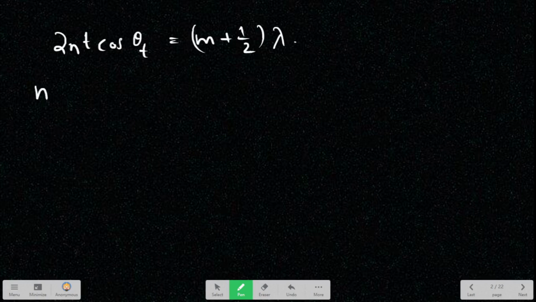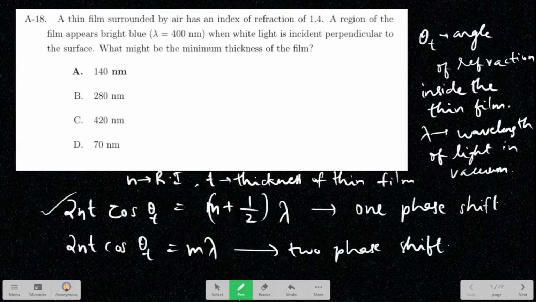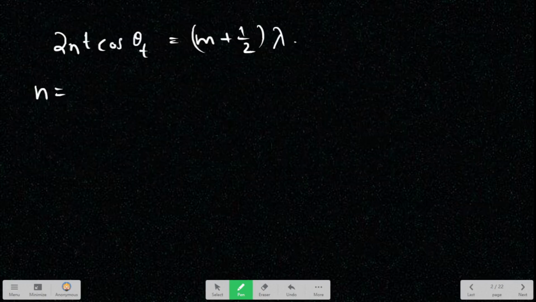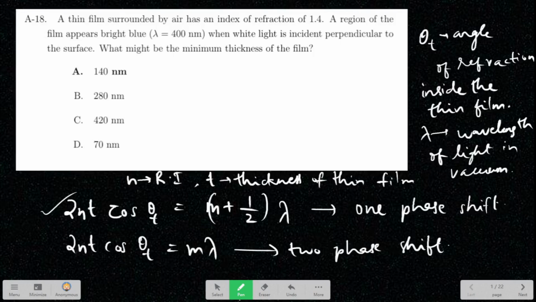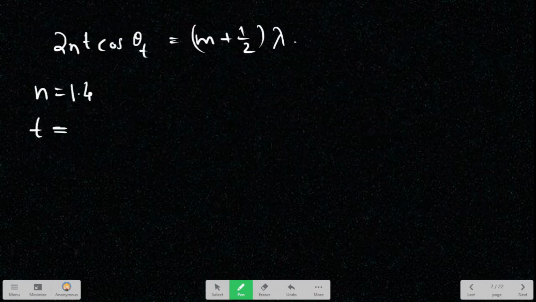Now n is given, n is equal to 1.4. t is to be found out.